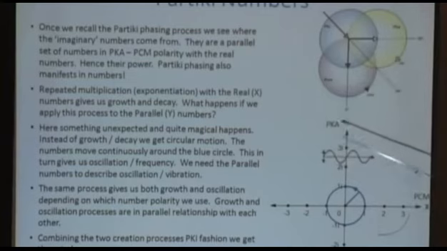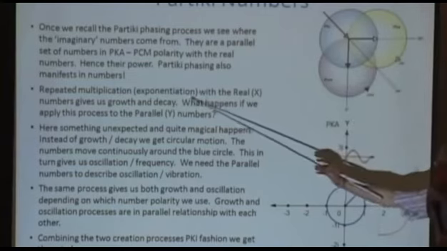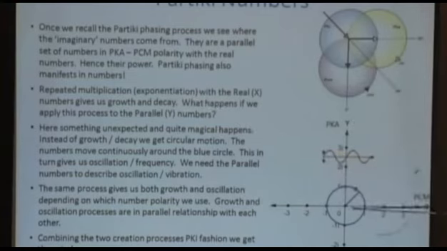Now, we've seen that when we expand out along the positive direction, we get a process of growth, of exponential growth out in this direction, or of decay or contraction in the negative direction. Now, if I apply this same process of repeatedly multiplying a base number along these new Partic-A numbers, what do we get?